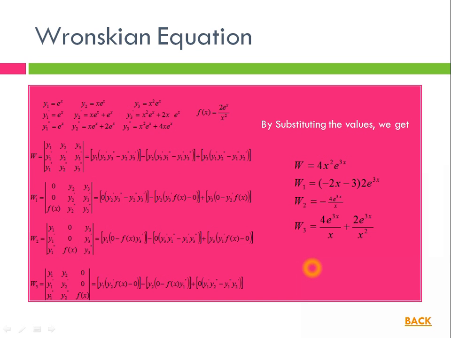Here, I first find the differentiation, the y prime and the y double prime of each y value, because we will use them in finding the determinants of our Wronskian.